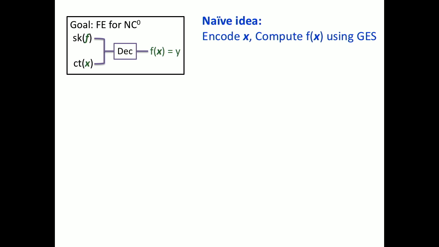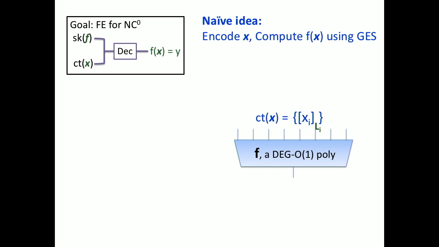So the naive idea is that, well, we have this very fancy tool called graded encoding, right? It can do homomorphic evaluation and can zero test the output. Let's put it to use. Why not just encode the input using graded encoding and use the graded encoding homomorphic evaluation to compute the function? What do I mean? Well, I can just publish the encoding of the input as the ciphertext.